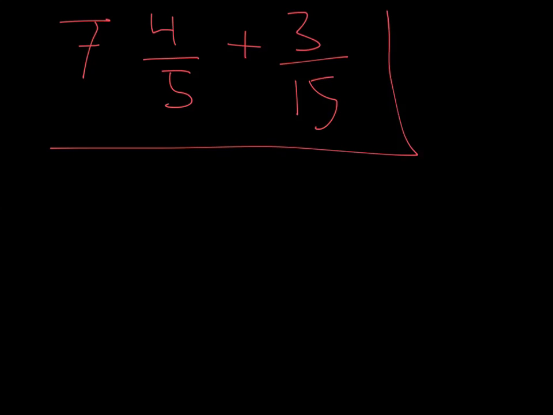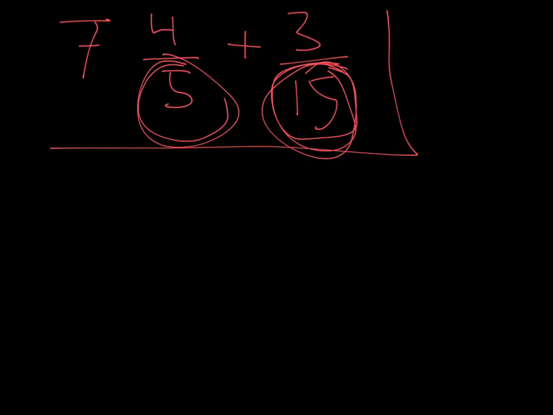Now we have this fraction, but you can see the denominators are still not the same. And you will say the denominators are not the same, so this cannot be a common denominator. But they actually can be, because if you multiply 5 times 3, it will give you 15.